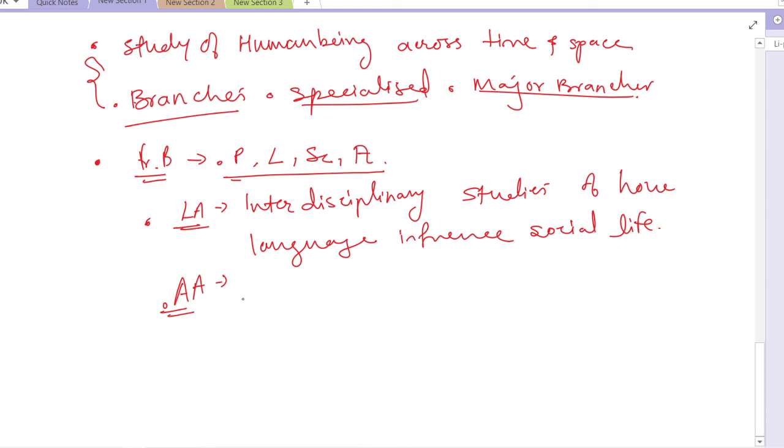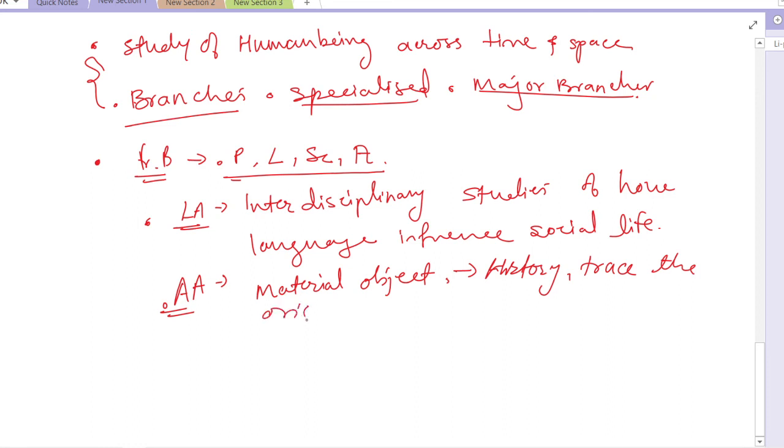So archaeological anthropology tries to find material objects, and with the help of these objects they dig out history and trace back the origin of civilization, culture, etc.